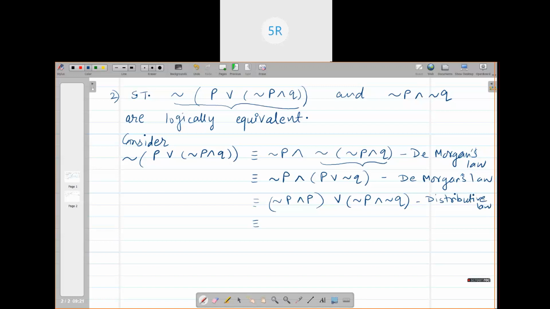Negation P and P. What is negation P and P? We did this also. See, consider a statement P: it is raining. What is negation P? It is not raining. And you are taking the conjunction of that, meaning you are saying it is not raining and it is raining.